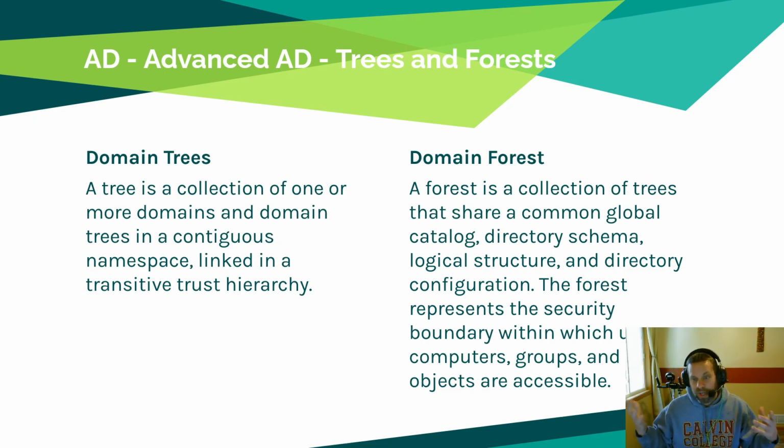So if we have a bunch of domains, we can actually link these domains together. A domain tree is a collection of one or more domains in a contiguous namespace linked in a transitive trust hierarchy. So what does that mean? Let's say I have the domain goldfish.com.